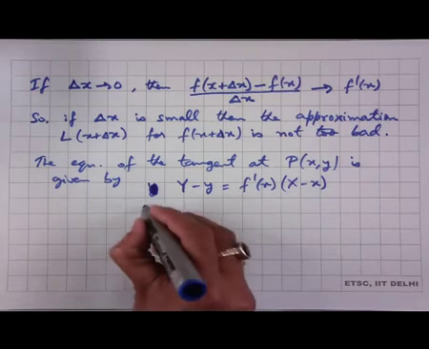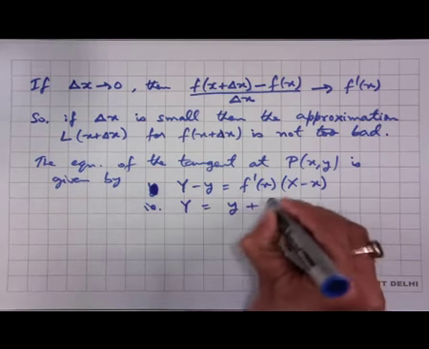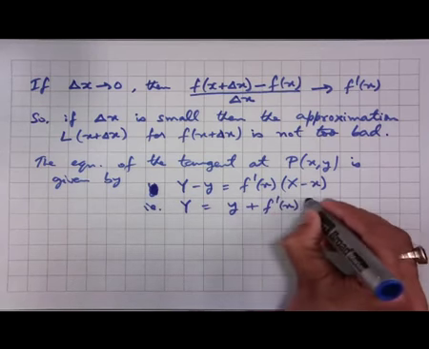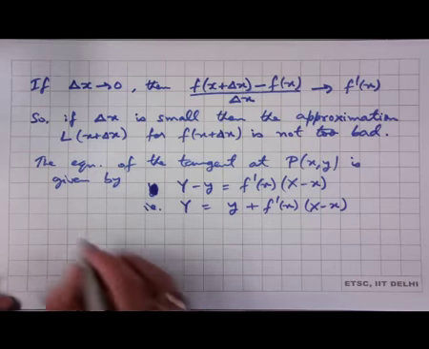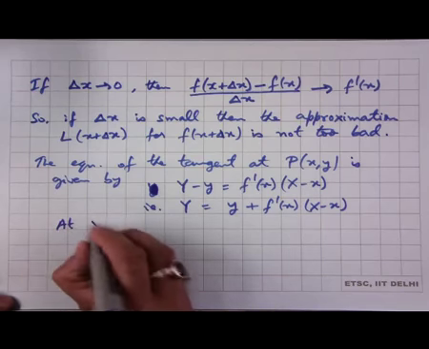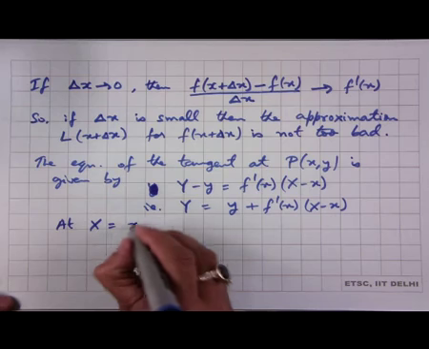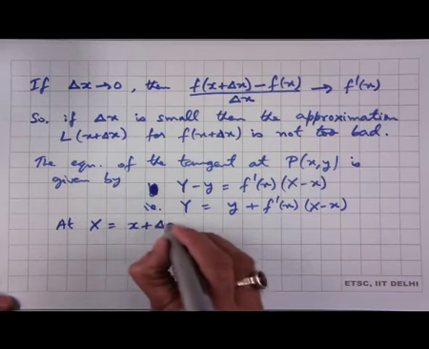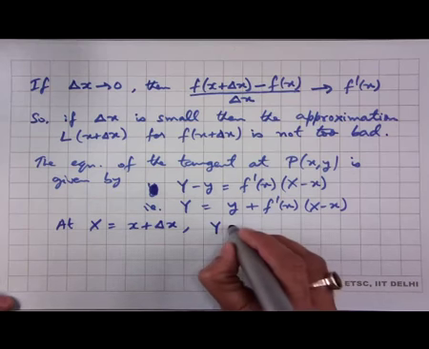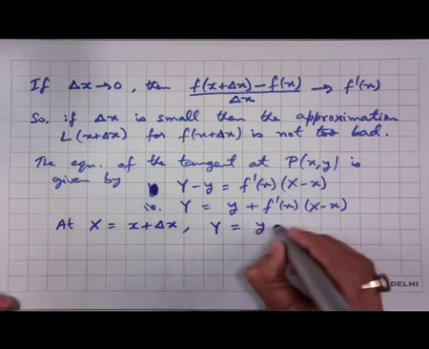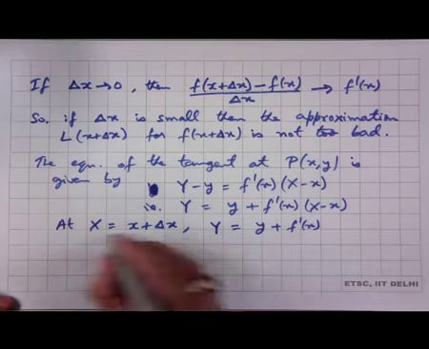That is, capital Y is equal to y plus f prime x times capital X minus x. So, at capital X equal to x plus delta x, capital Y is y plus f prime x times x plus delta x minus x, which is delta x.